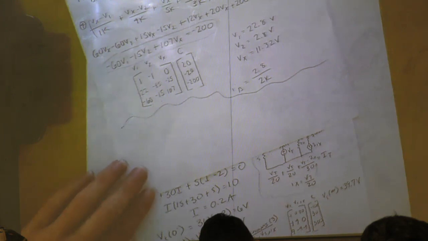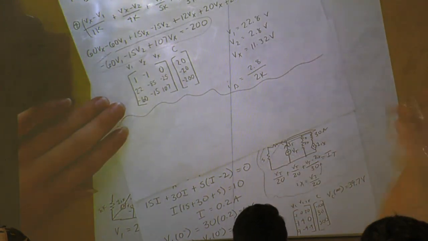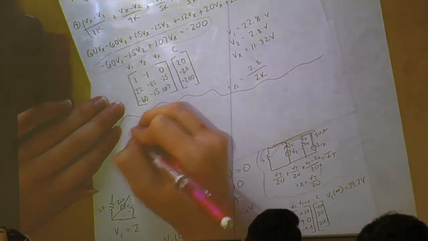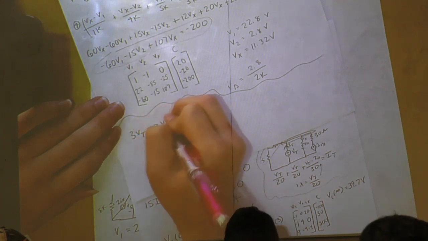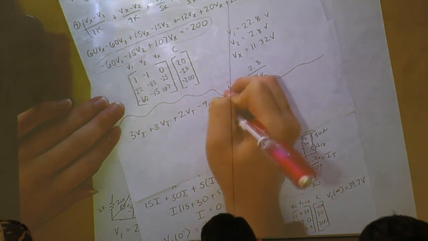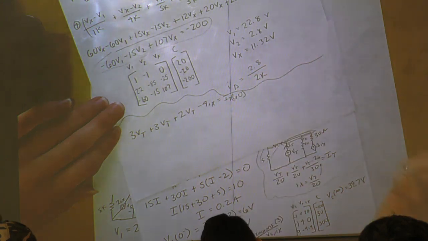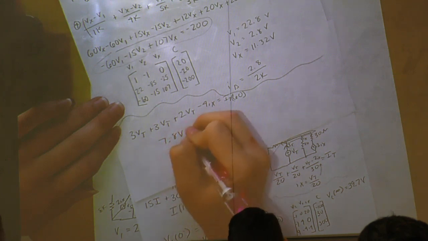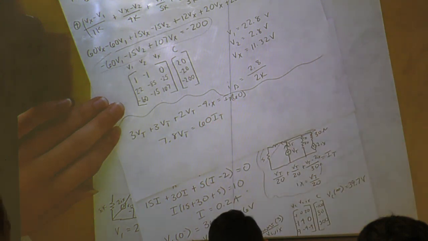So when we plug everything in, we'll use the least common denominator, which is 60. We'll do 3VT plus 3VT plus 2VT minus 4IX equals 60 IT. Your final ratio equation should come out to 7.8 VT equals 60 IT. So now you want that ratio.